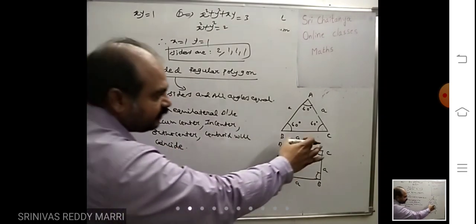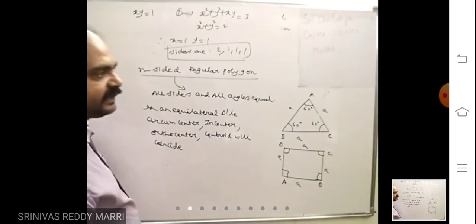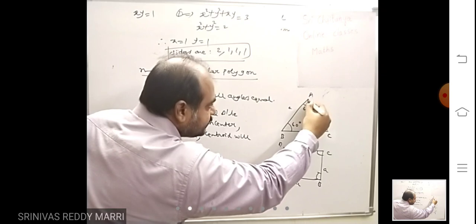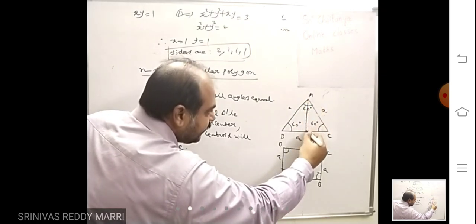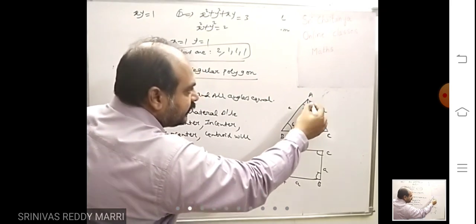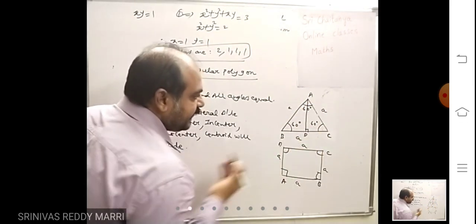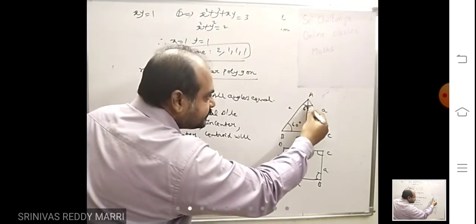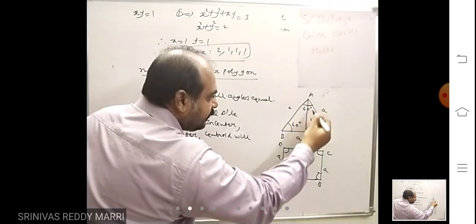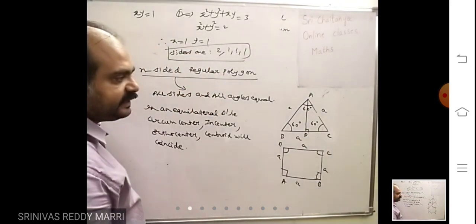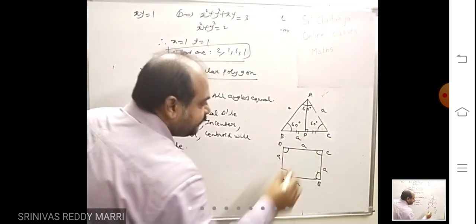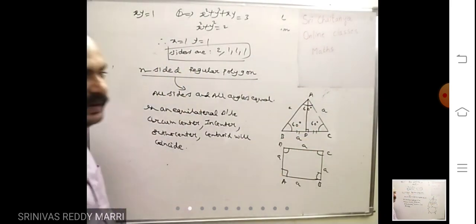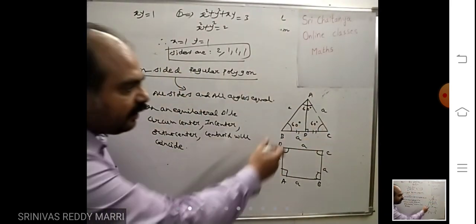So this is the equilateral triangle. If we draw an altitude here, it will also be the angular bisector. This AD I have drawn bisects this angle, is perpendicular to BC, and also bisects BC. So this is altitude, angular bisector as well as perpendicular bisector. Not in all triangles.